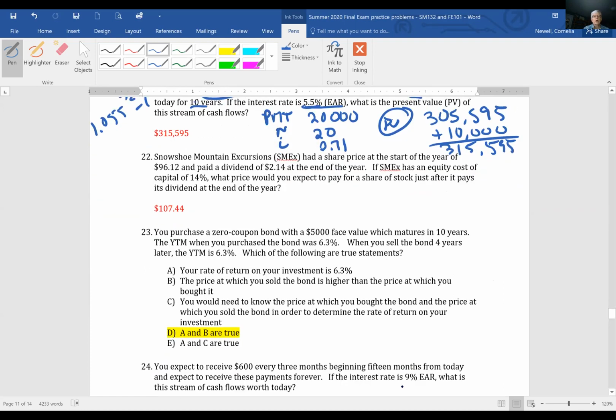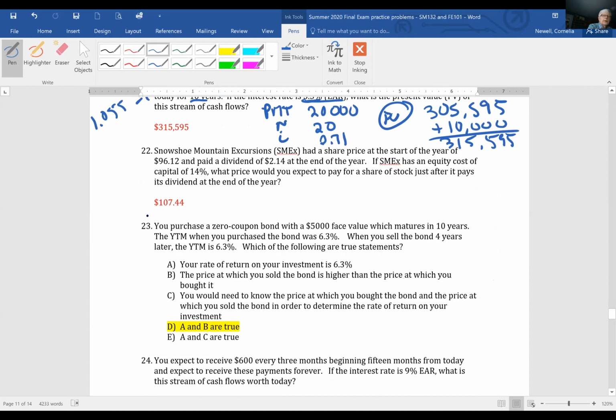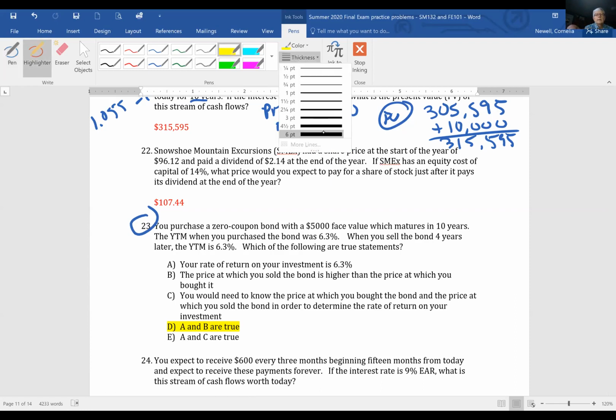So while I have it open, 23 is another kind of a problem that tests concepts about zero coupon bonds. So in this one, when we buy the bond, our yield to maturity is 6.3.